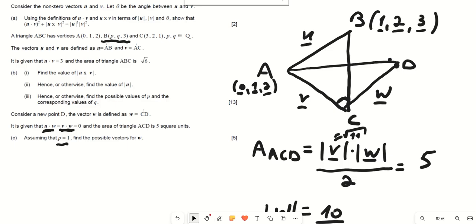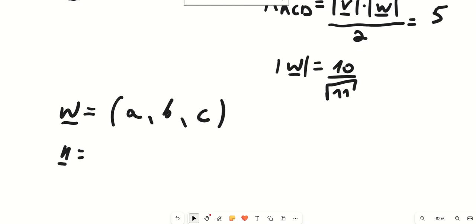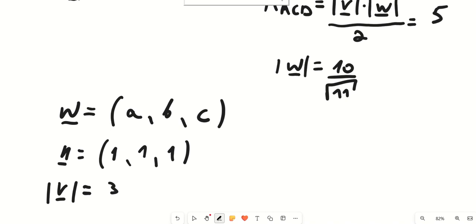So the vector AB, or U, is 1, 1, 1, and in the same way the vector V will be 3, 1, minus 1.